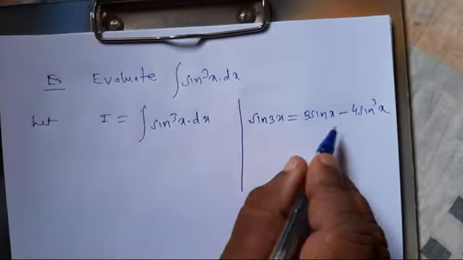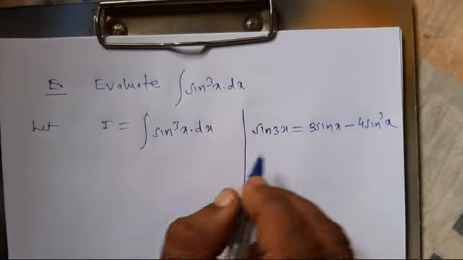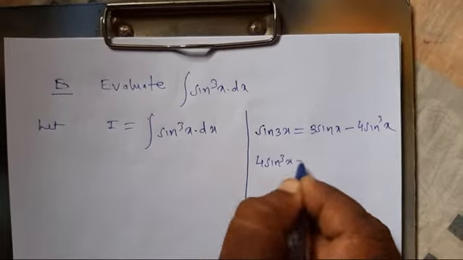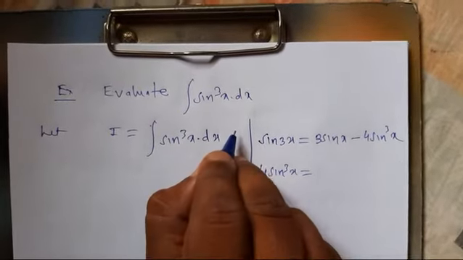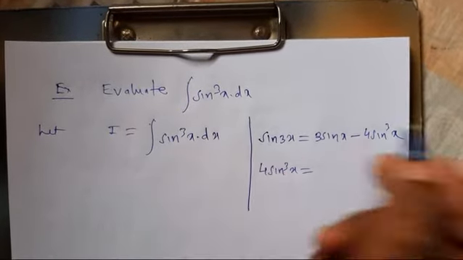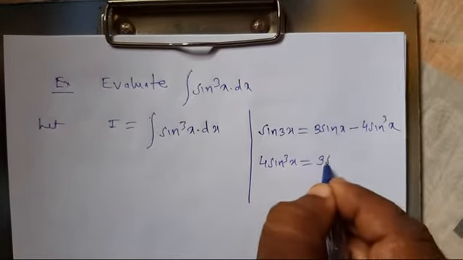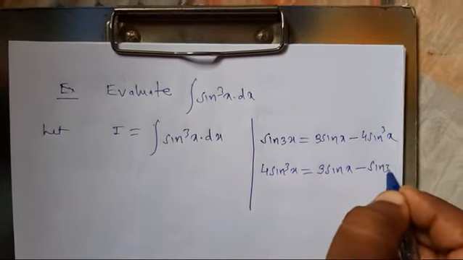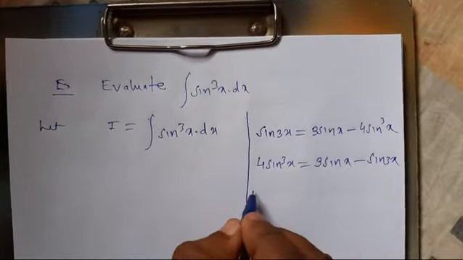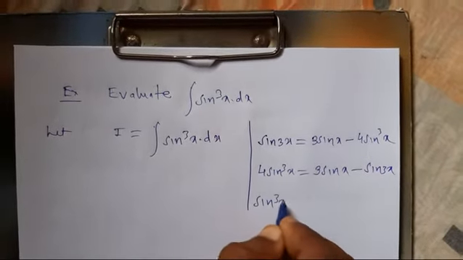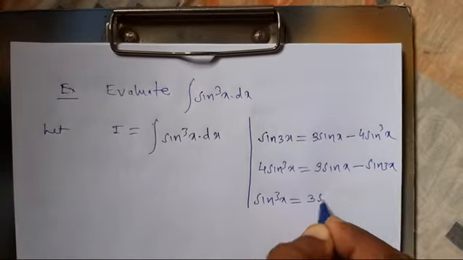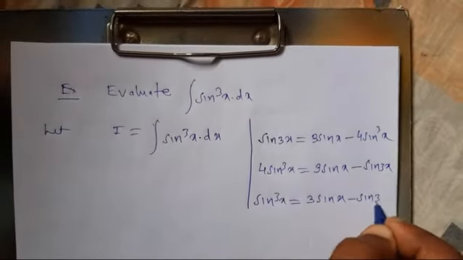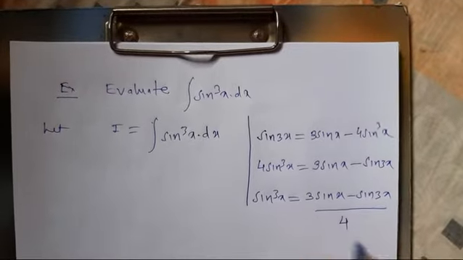So therefore I will take this 4 sine cube x to LHS and this sine 3x to RHS. So I need here sine cube of x, that is 3 sine x minus sine 3x divided by 4.